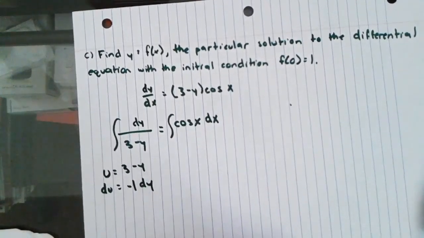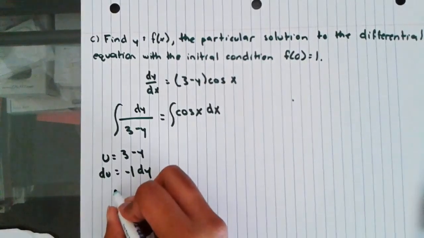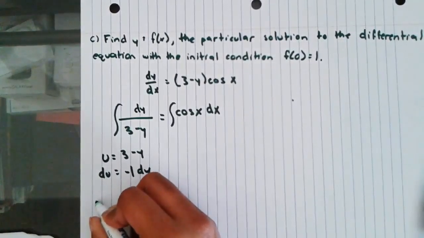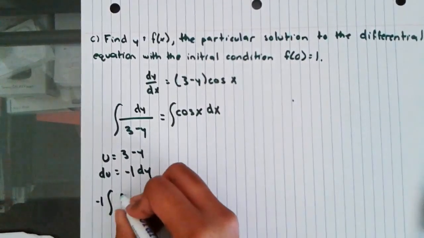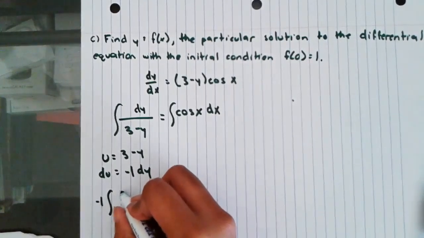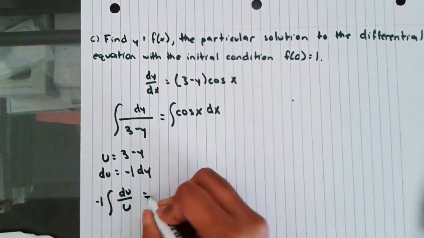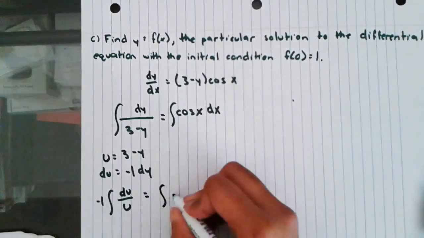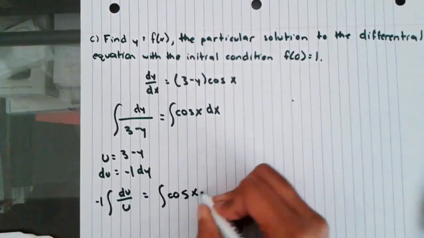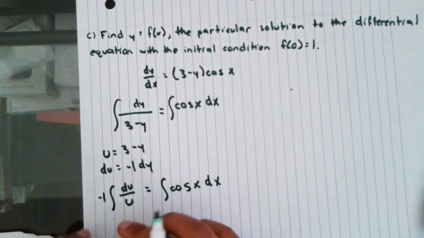So you would have negative 1 times the integral of du over u equals the integral of cosine of x dx.